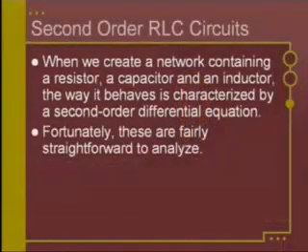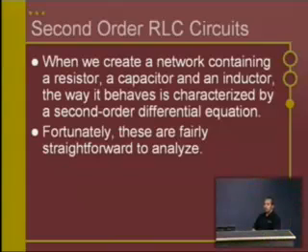So what we're going to be doing is taking a circuit with, usually, exactly one resistor, one inductor, and one capacitor, or something we can reduce to one resistor, one inductor, and one capacitor. It will either have each one of those elements in series with each other, or all 3 elements in parallel with each other.